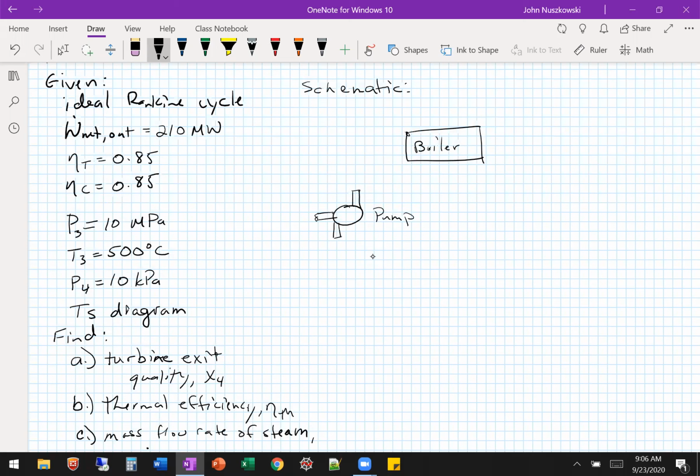And then we have on the outlet of the boiler the turbine.